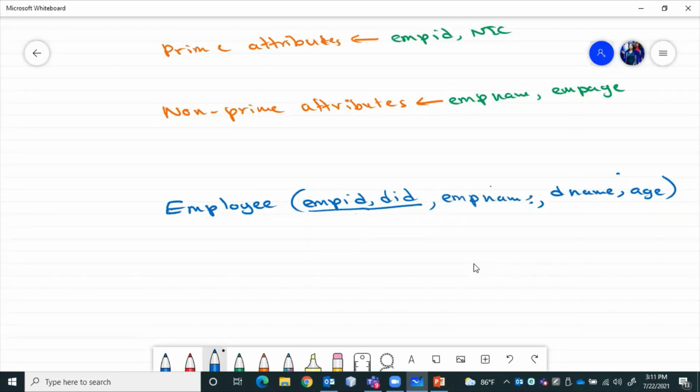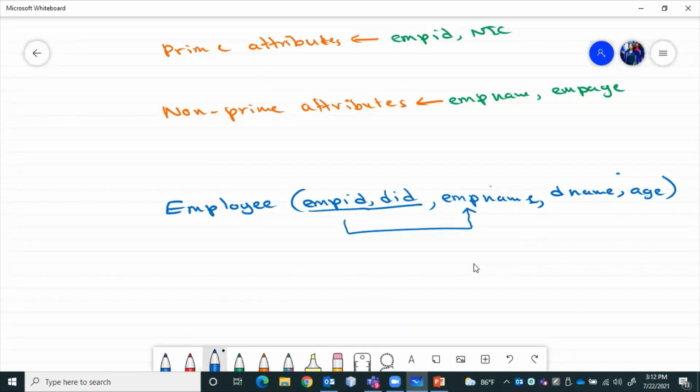Okay, right. So now here, if we take this employee name, this is a non-prime attribute. This is because employee name is not participating in the primary key. And this attribute is only depending on the employee ID, right?